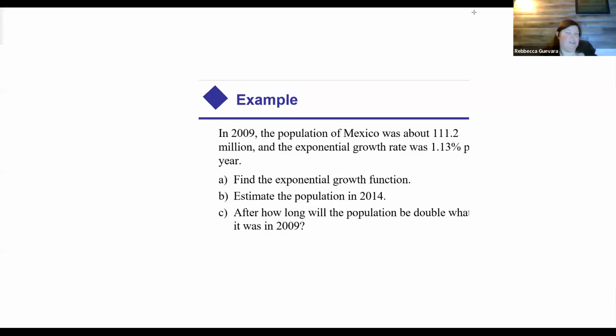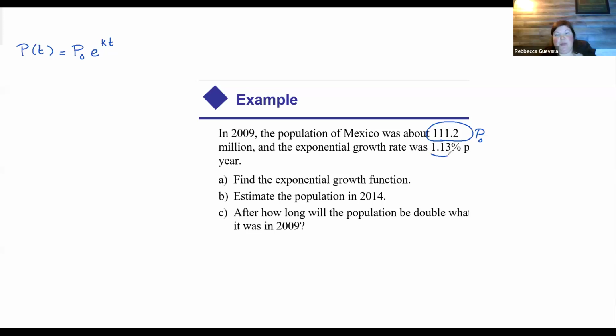So some things to point out. The population growth formula was P(t) equals P subscript 0 times e to the kt. What we have here is that we know the population in 2009 is 111.2. That is our P naught, our original population.